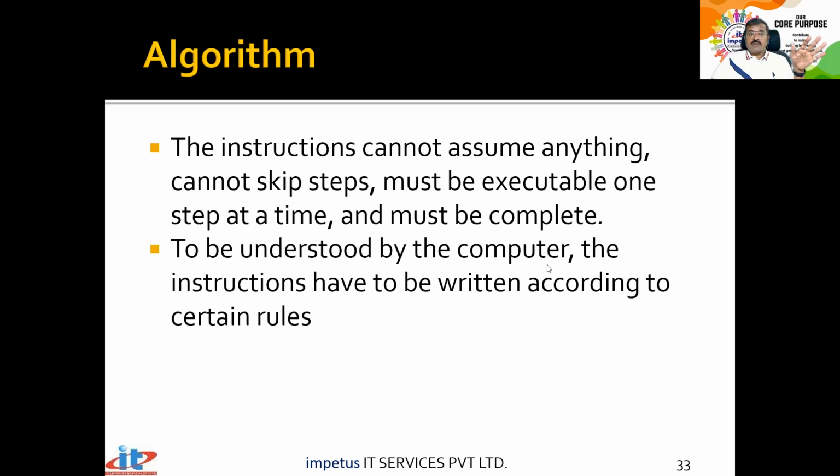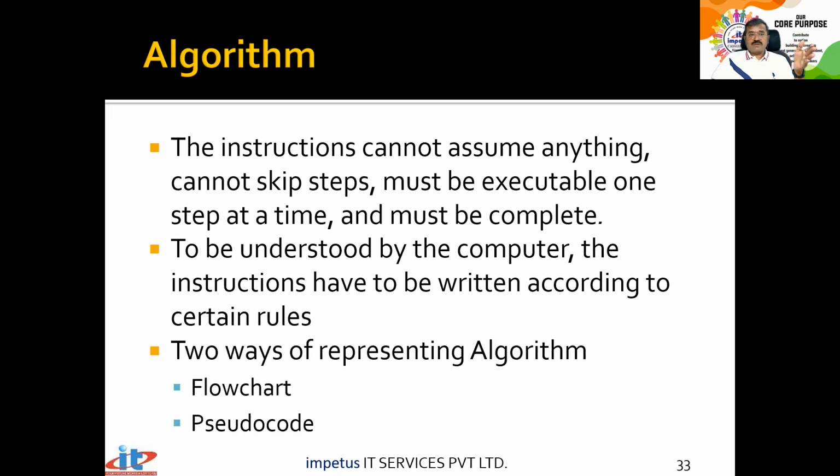To be understood by the computer, the instructions had to be written according to certain rules. So we'll also try to write our algorithm based on those rules. There are two ways to represent an algorithm. One is flowchart, another is pseudocode. A flowchart is a graphical or pictorial representation of program logic, and pseudocode is a representation of program logic in simple English-like language.